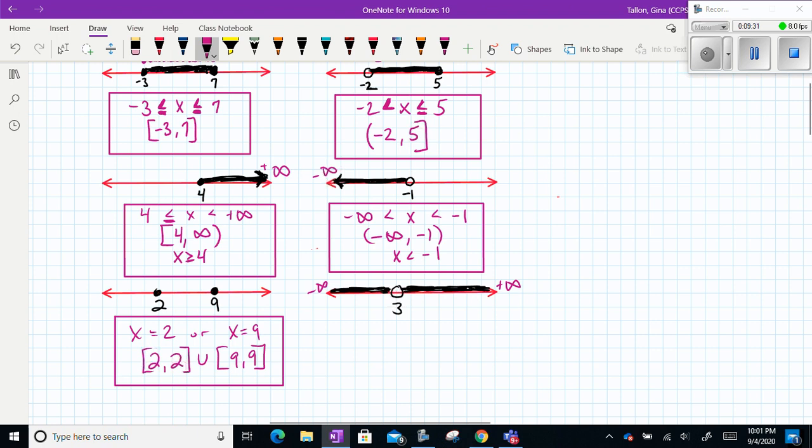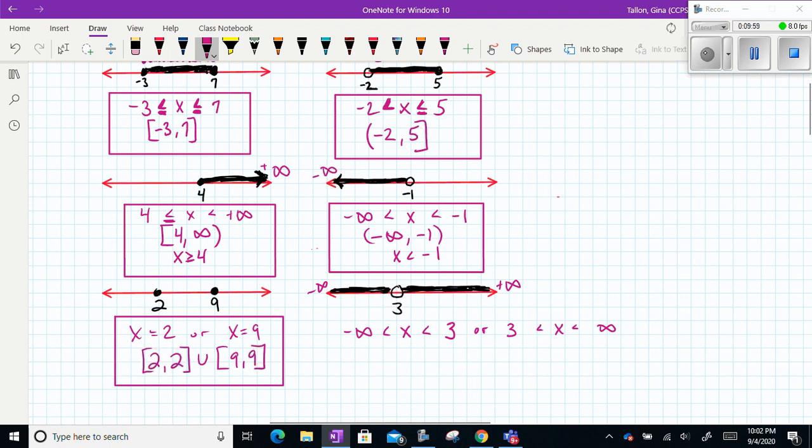I'd be looking at negative infinity all the way to 3, so my x's are in the middle there. Less than symbols, I don't have a solid dot anywhere, so I wouldn't put any equal signs. Or maybe it's someplace between 3 and positive infinity. So you kind of treat this as just 2 different sections.